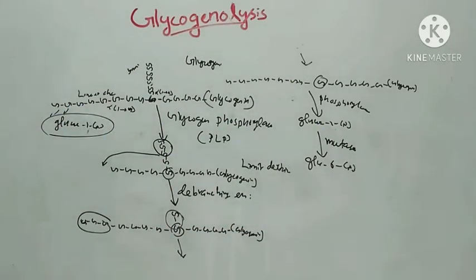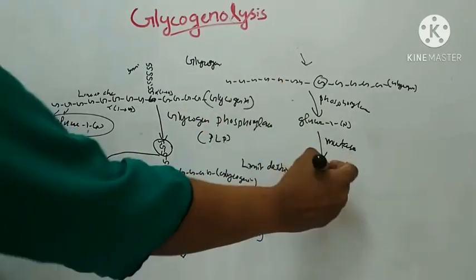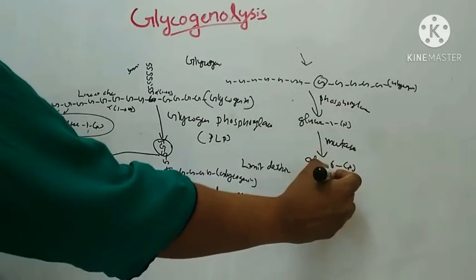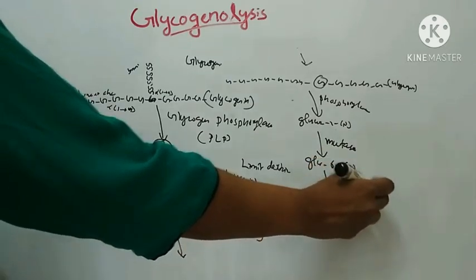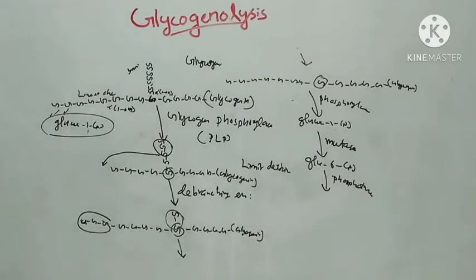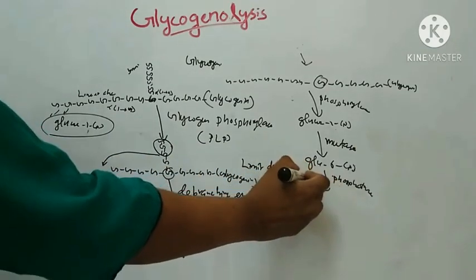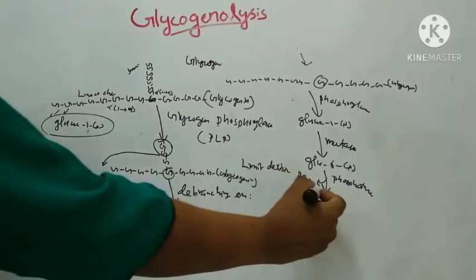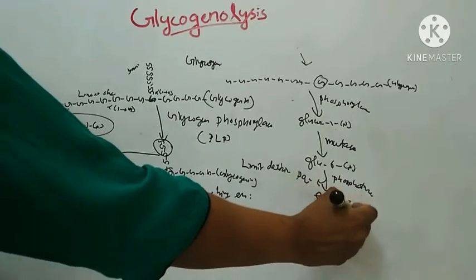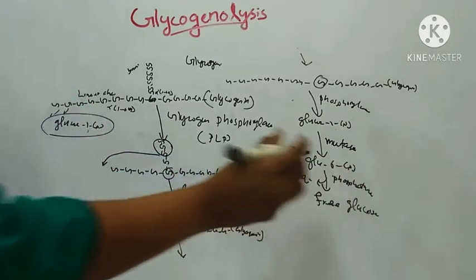In liver and kidney only, a specific enzyme called glucose 6-phosphatase is present. It removes phosphate from glucose 6-phosphate and forms free glucose in liver and kidney.